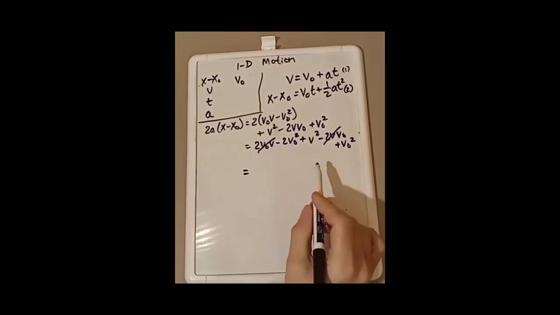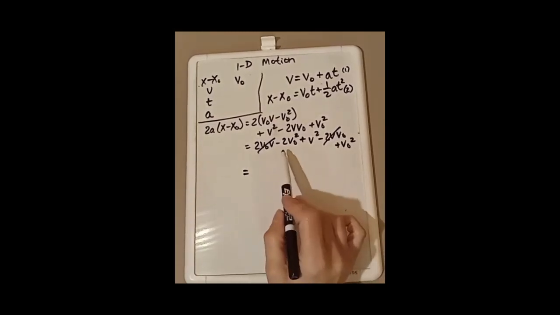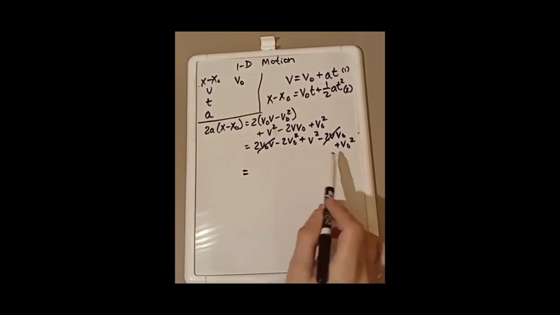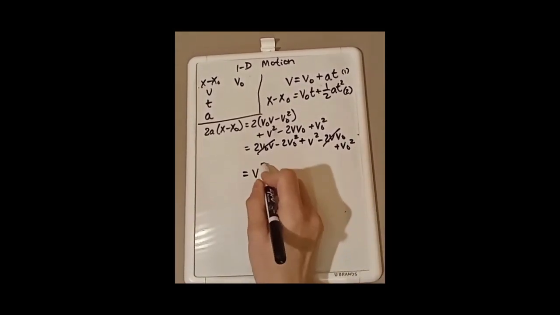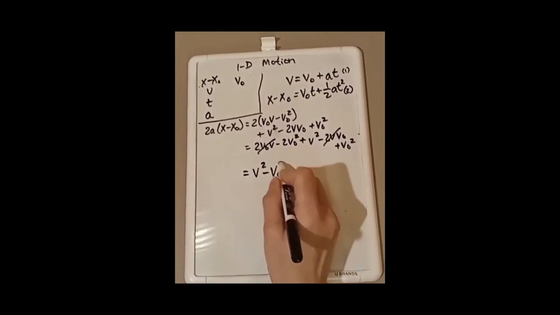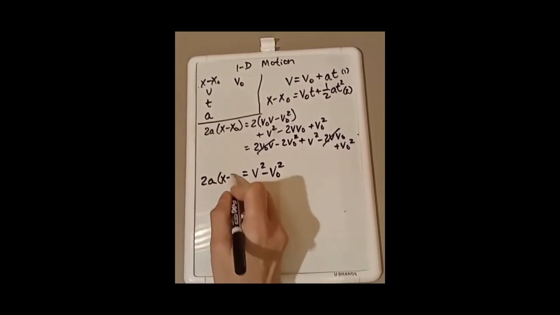So we are left with, we've got a minus 2 v naught squared and a positive v naught squared, so combine those, we end up with v squared minus v naught squared, and that is equal to our 2a times x minus x naught.